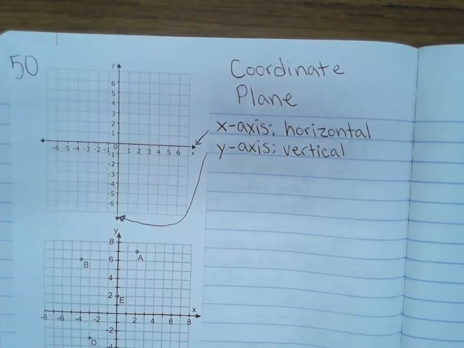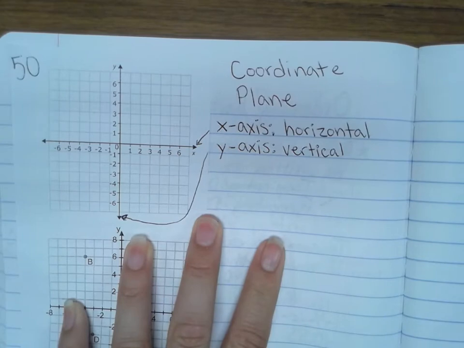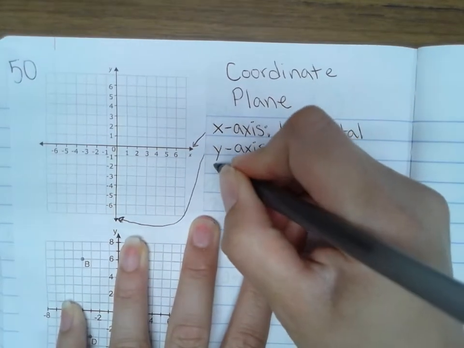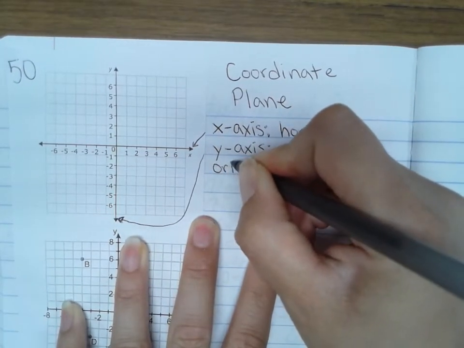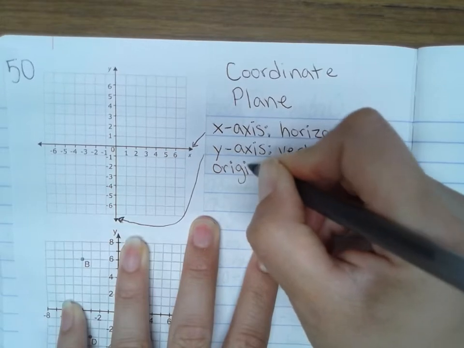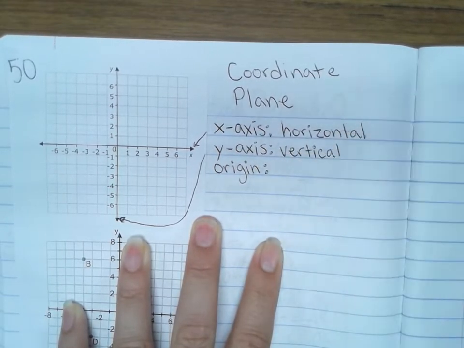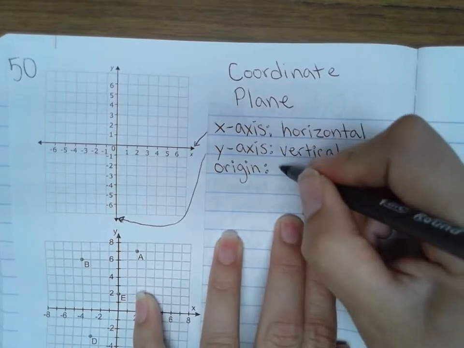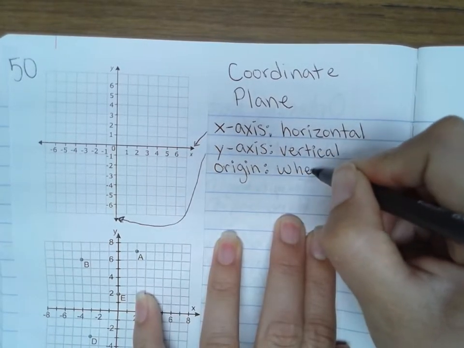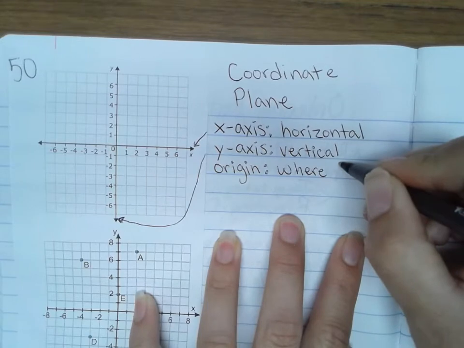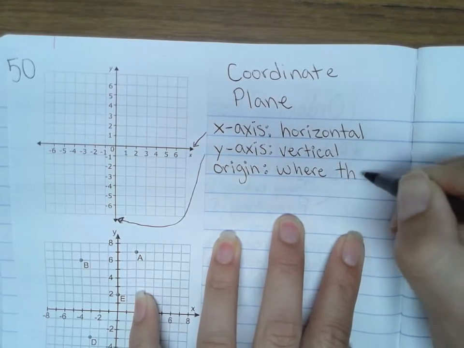Okay, the most important part of the coordinate plane for us is the origin. The origin is where the x and y axis cross.